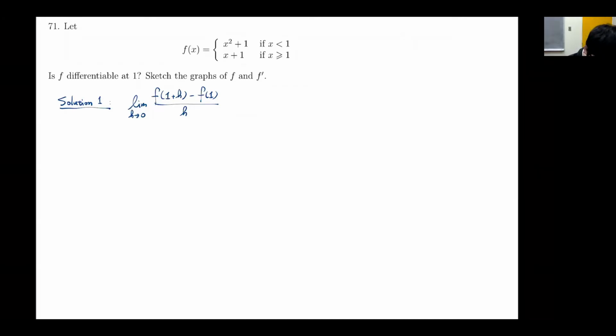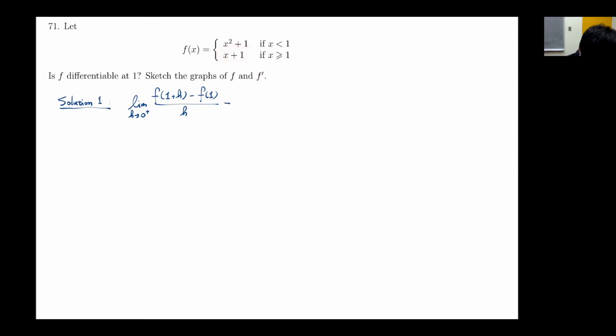All right, so let's first study the case when h is approaching 0 from the right. Because h is approaching 0 from the right, 1 plus h is approaching 1 from the right. So in particular, 1 plus h is strictly greater than 1. This tells me that I'm supposed to use this formula for my f of x.